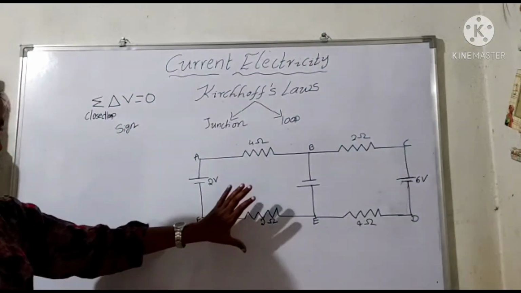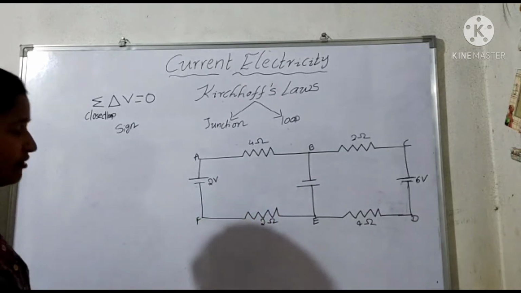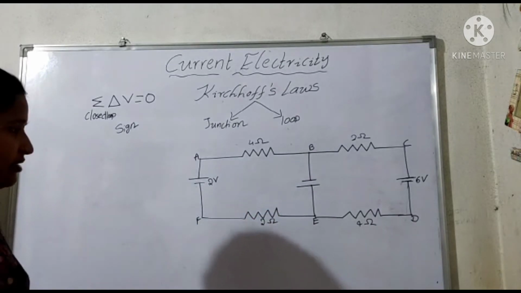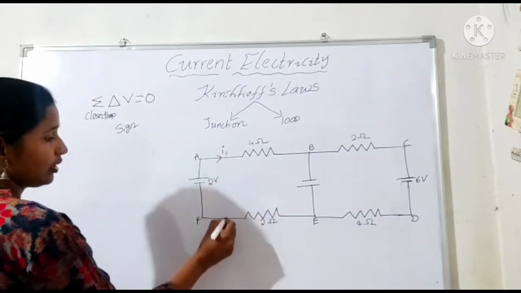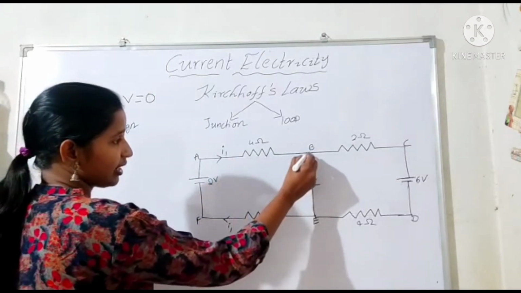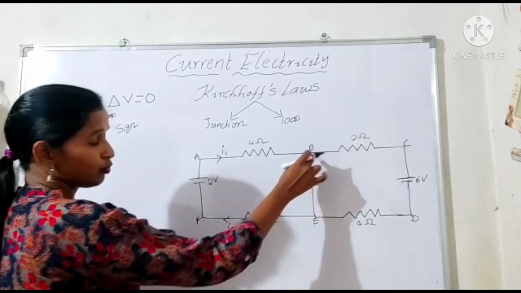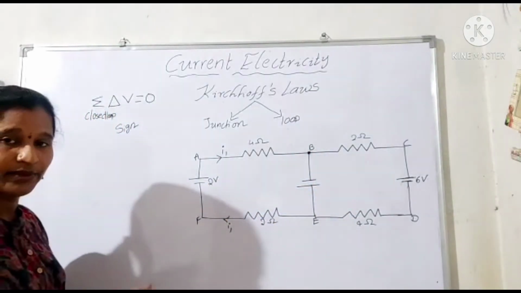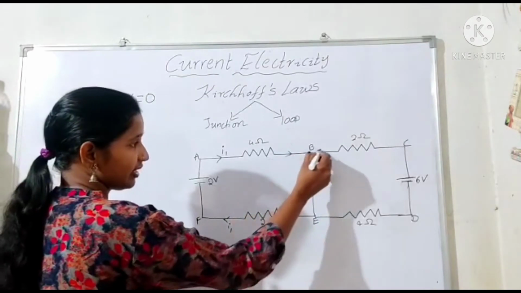Suppose, see, this is the example. In this example we discuss the loop. First, assuming the current direction. Here I am assuming this is I1. So I1 is entering and this is the junction. Already you know, when three or more conductors meet at a point, we call it a junction. So here it is divided.